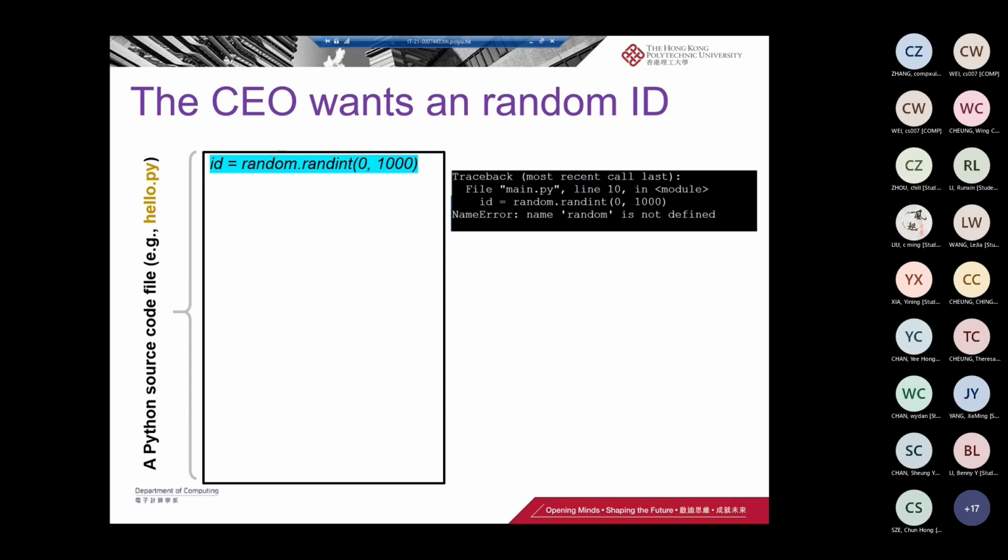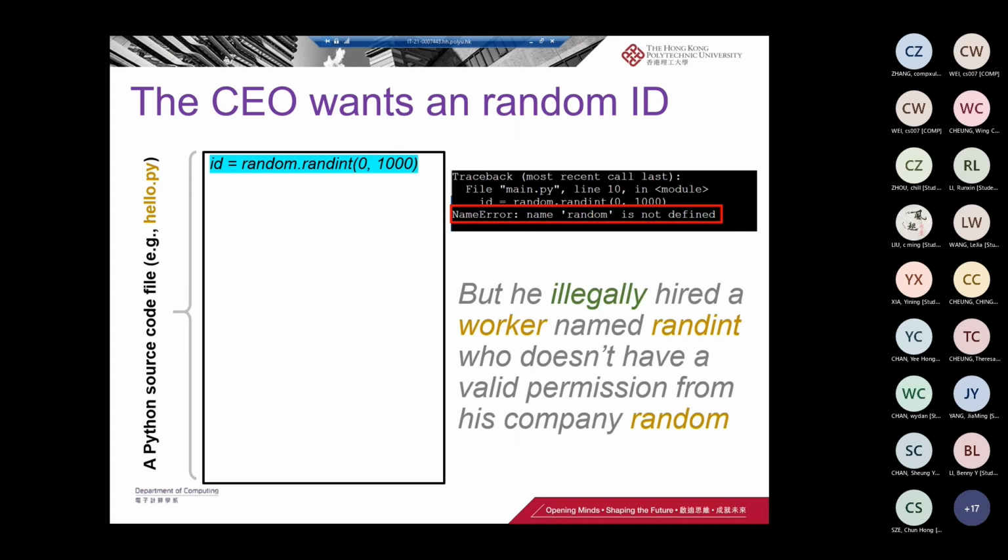Because import just lets the operator know you need a box of cards. From the company point of view, it's like you are hiring a worker. Every function is like a worker from the company point of view. So here it's like you are asking somebody to do something illegally.